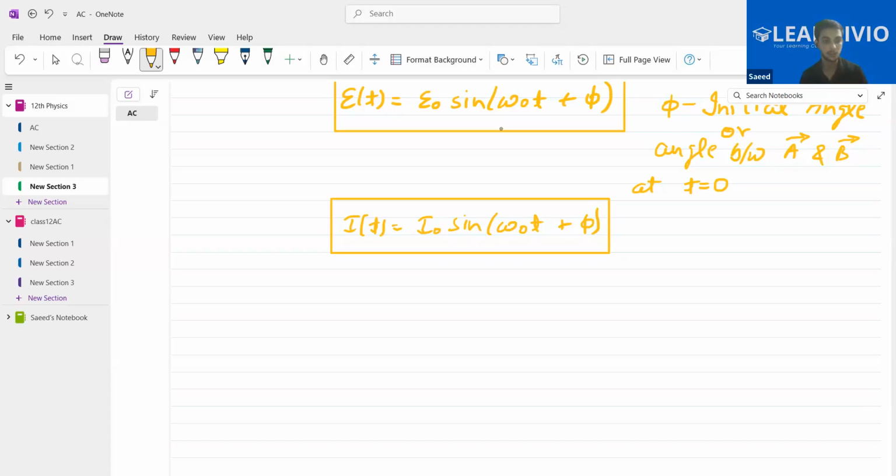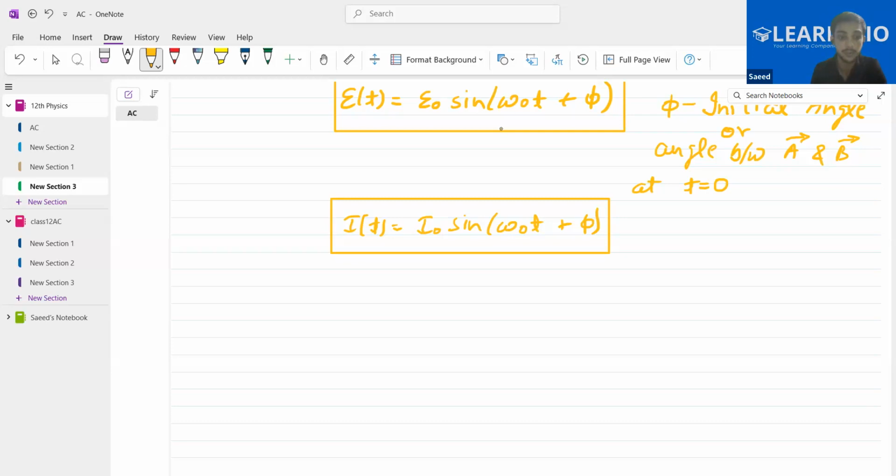That is a perfect way of talking. If we are talking about an AC circuit, should we say that we had connected a source of E naught sine of omega naught t plus phi? This is not a perfect way of describing a particular circuit. That is why we define a different nomenclature for this.